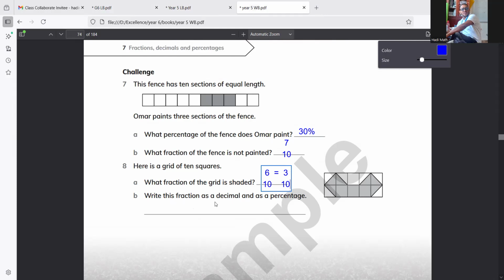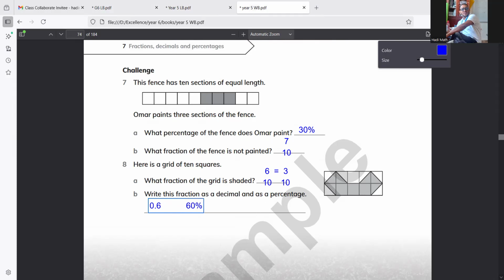Writing 6 over 10 as a decimal, it's going to be 0.6. And if you would like to make it a percentage, you can multiply 0.6 by 100, or you can multiply 6 over 10 by 10 up and down to make the denominator 100, and that will be equal to 60%. That's what we should do.